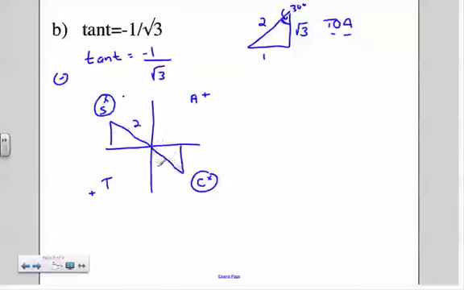Now, the hypotenuse is always 2 because tan was 1 over root 3. Opposite has to be 1, so the 1 goes there and there. And root 3 has to be the adjacent. I'm going to add in my negatives where they go, and there are my two triangles. So now I know that that's 30 degrees and that's 30 degrees. So to get my answers for t, I'm figuring out what rotations would land me there.